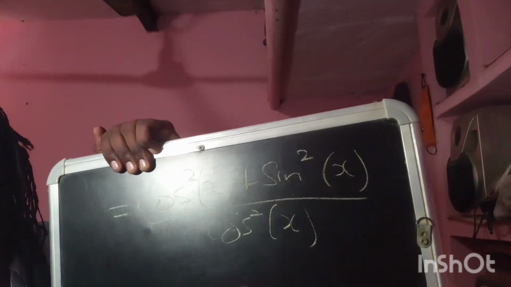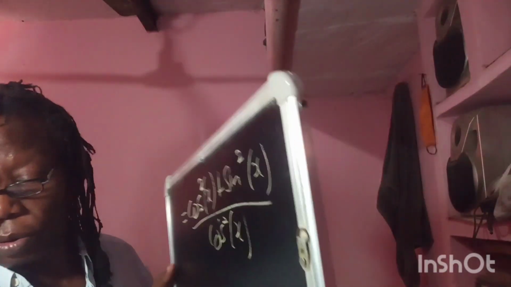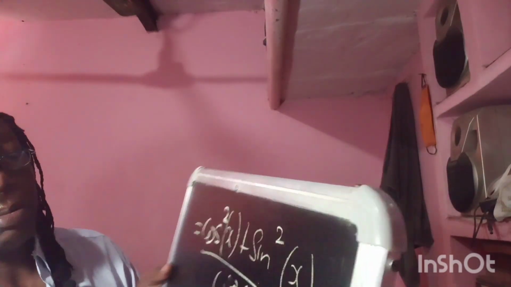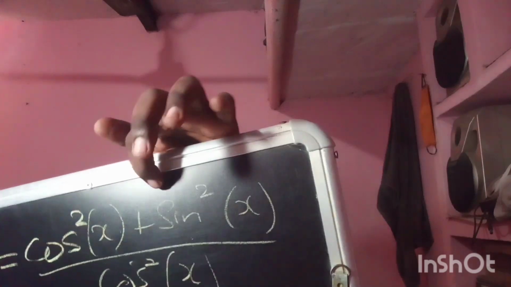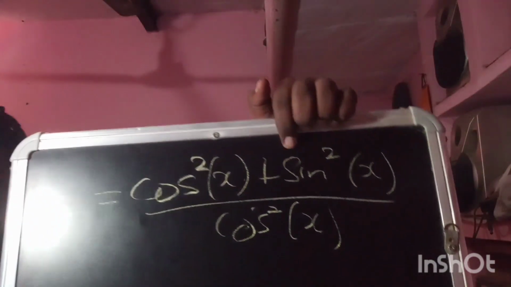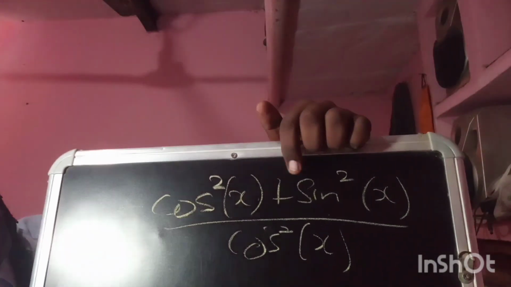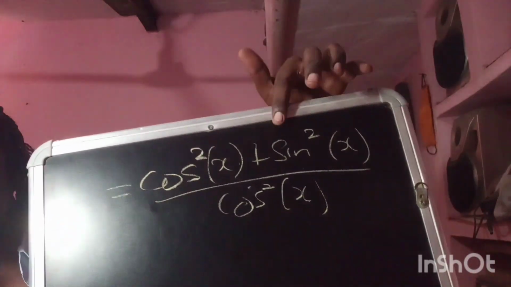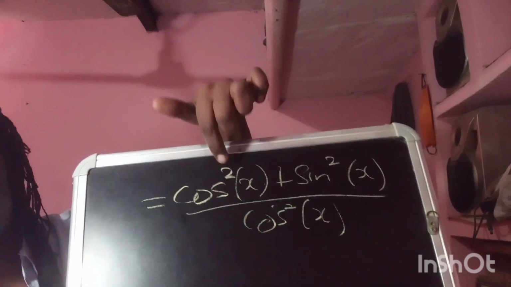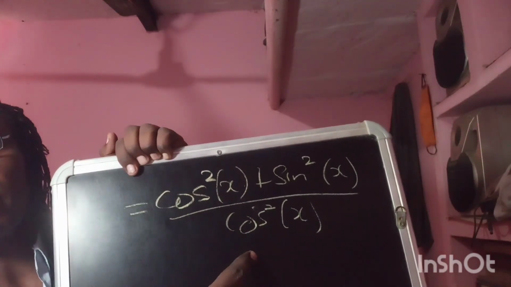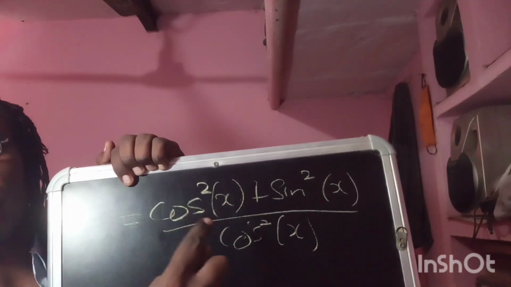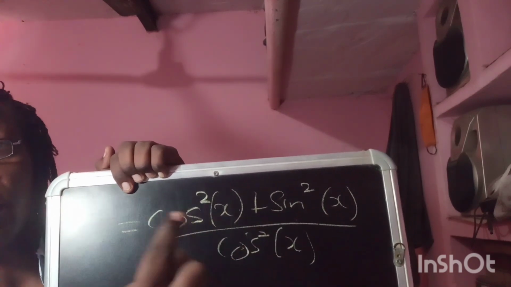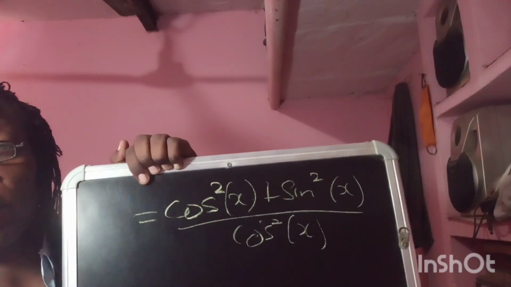So further down we'll have cosine squared plus sine squared over cosine squared. According to the trig identity, if you add cosine squared x plus sine squared x, it will give you the value 1.